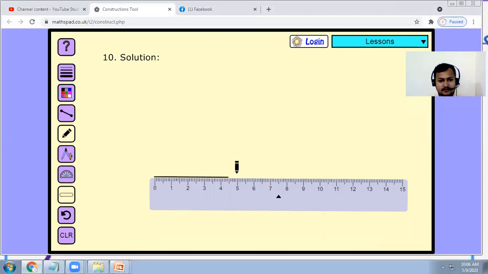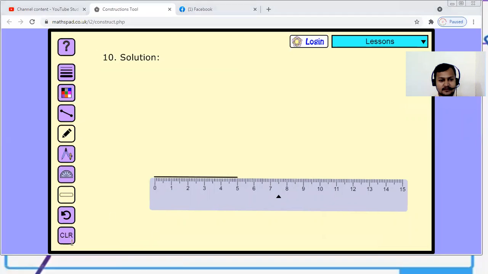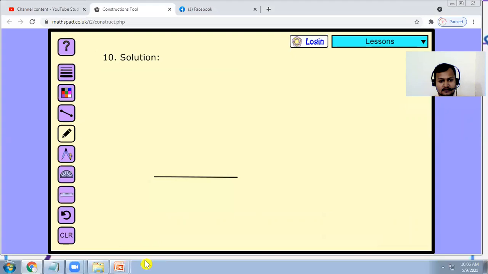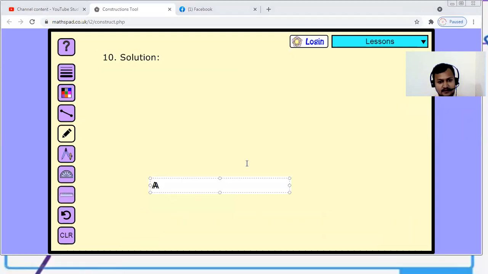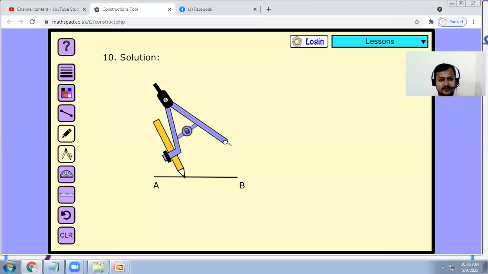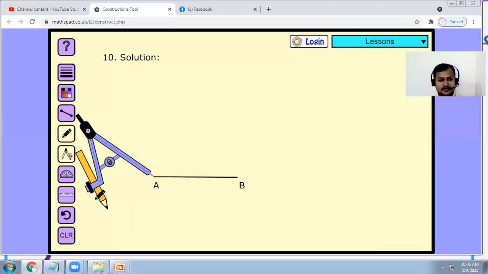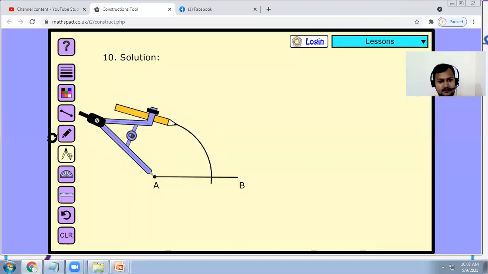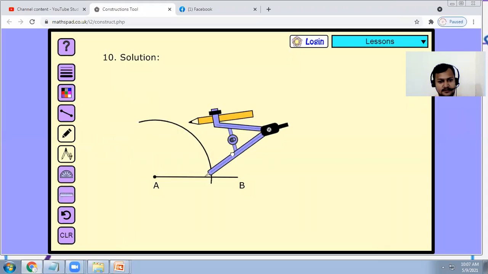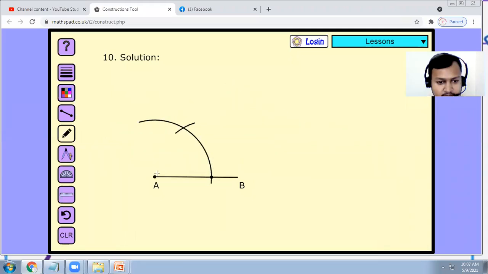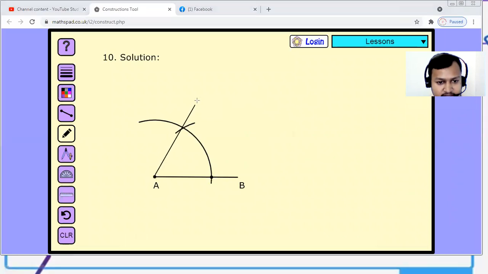Take a line segment of length 5 centimeter and the name of this line segment is AB. This is A. This one is B. And angle BAD is 60 degrees. So now take the compass and draw an angle of 60 degrees. Take an arc and draw an angle of 60 degrees. And this is the angle of 60 degrees. A 60 degree angle is formed.